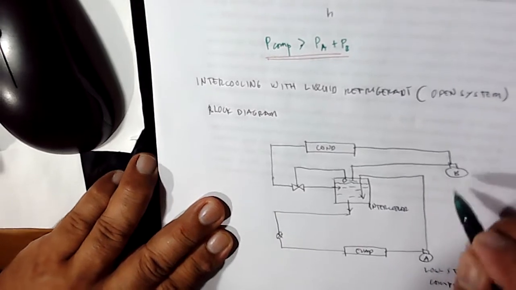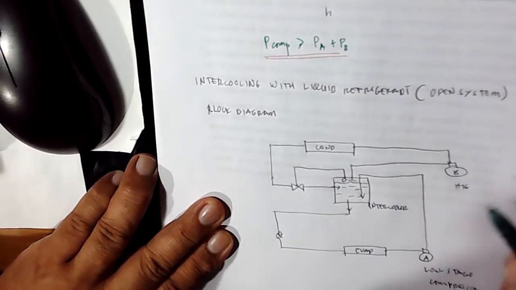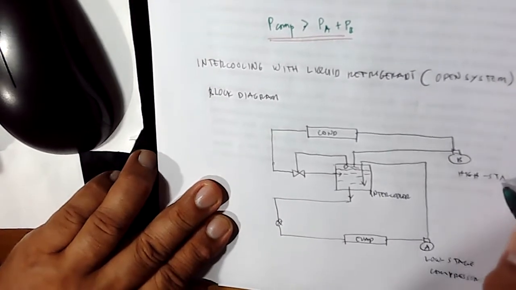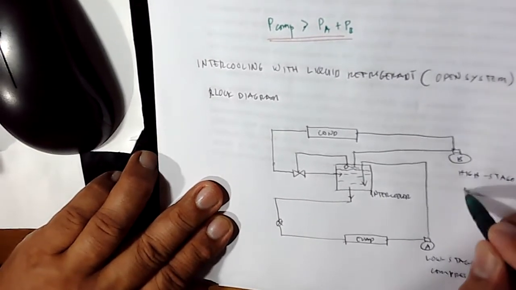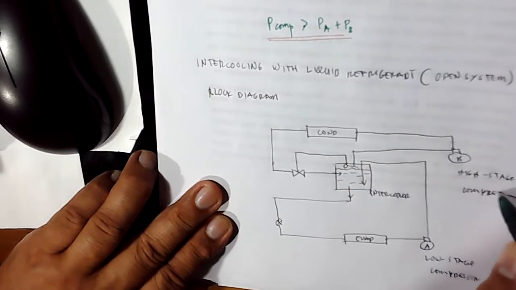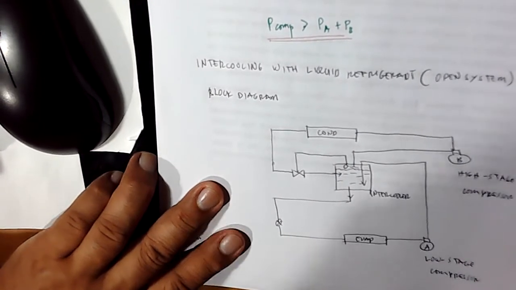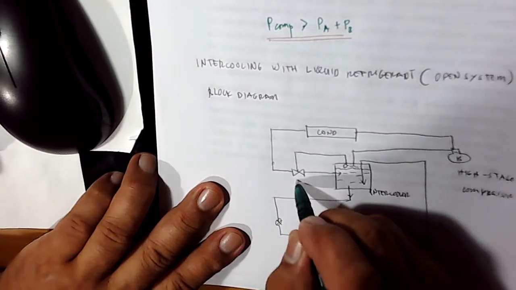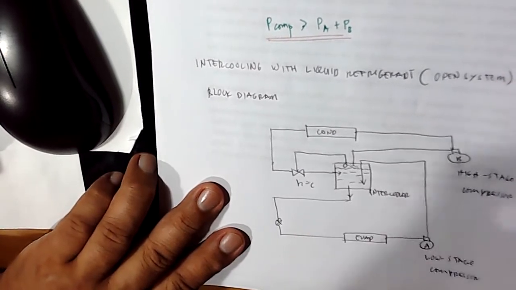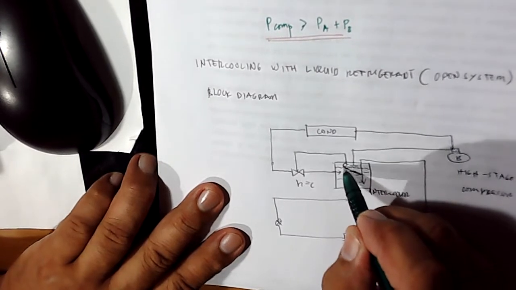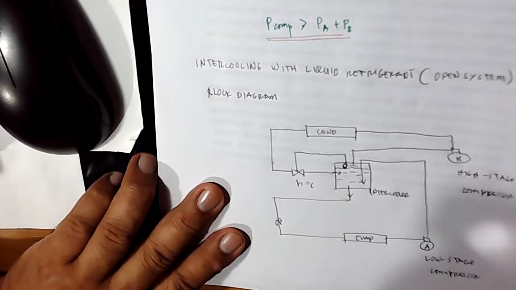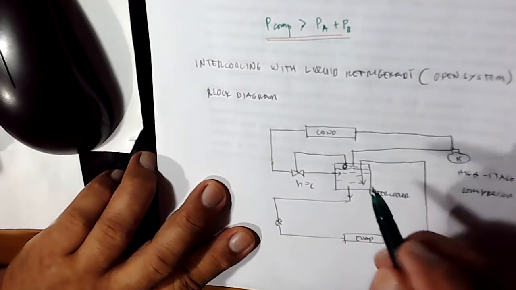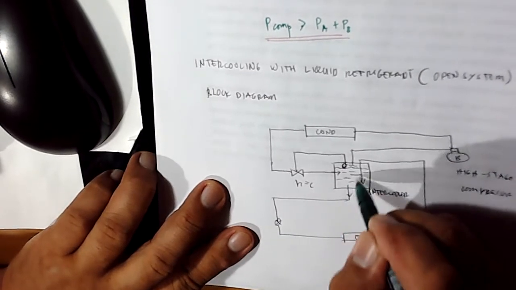We have compressor B, the high stage. Then we have, of course, this one is the expansion device, also at constant enthalpy, but we have a float somewhere here. We have the expansion device, and then the liquid all settles at the bottom.